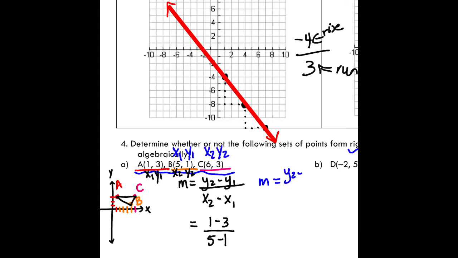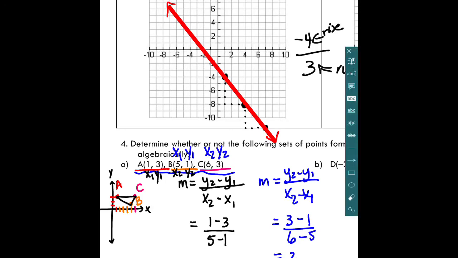So y2 minus y1 over x2 minus x1. I'm going to find out the slope using the formula. So y2 is 3 minus y1 is 1. x2 is 6 minus x1 is 5. 3 minus 1 is 2. 6 minus 5 is 1. 2 divided by 1 is 2. So actually, I can stop right here.